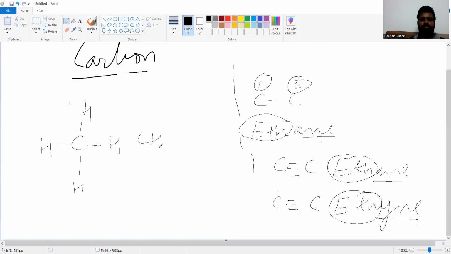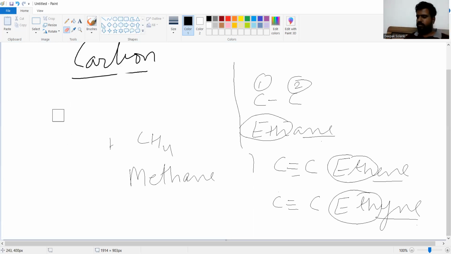Its name is CH4, methane. But it will not take place in alkene and alkyne because only one carbon is there, so we cannot use a double bond or triple bond. One carbon will not form a double bond or triple bond. Clear?